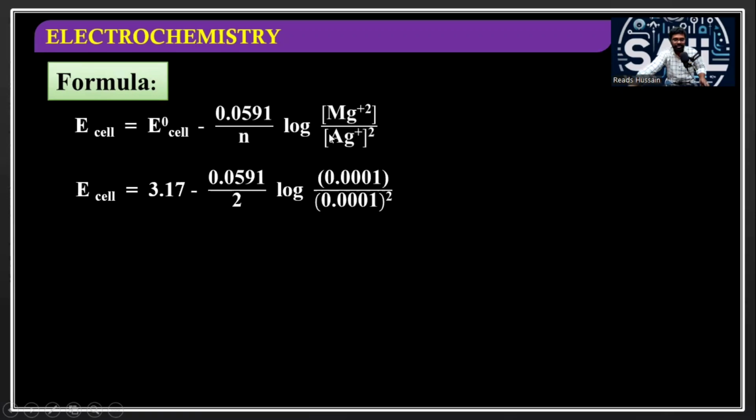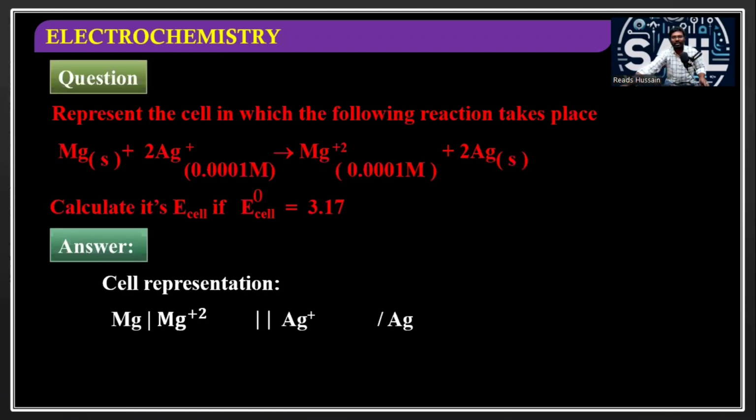What is the product? Mg plus 2. What's this concentration? 0.0001 by reactant concentration 0.0001. Okay, but it is 2 Ag. 2 Ag is there. There we should be very careful.